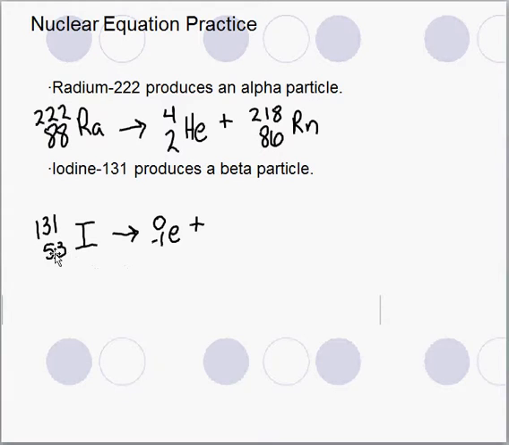So the difference then between 53 and -1, or what plus -1 gives me 53, will be 54. If I look at 54 on the periodic table, I find that it's xenon, and then I rewrite the mass because it's affected by 0. And then with gamma radiation, it doesn't affect our particles, our radioactive isotopes.